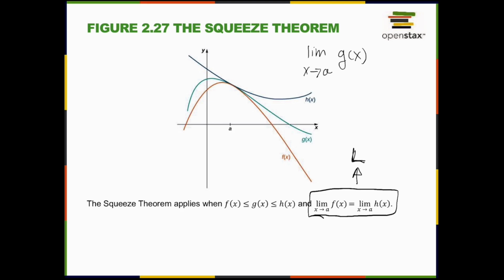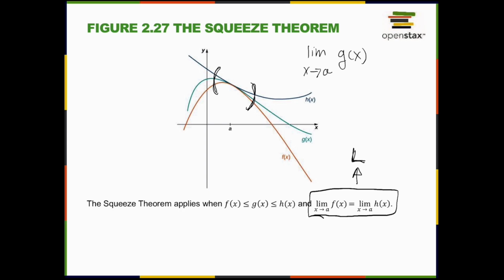It could be 5, it could be 7, who knows what it is. But generically, let's just call it L. If I know that in this interval that's close to and surrounds a, as we approach a from both directions, g of x is squeezed between h of x and f of x.